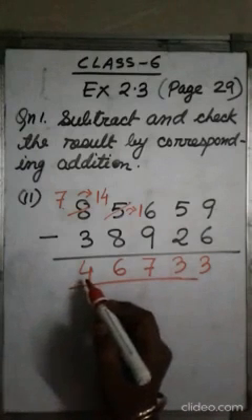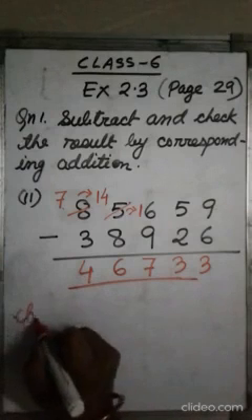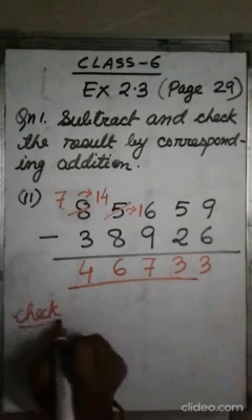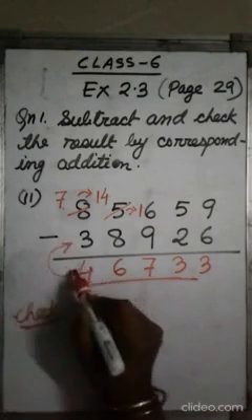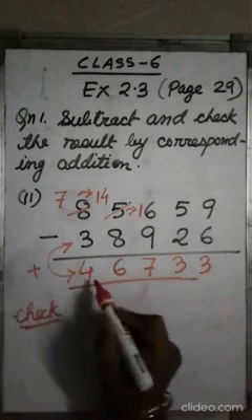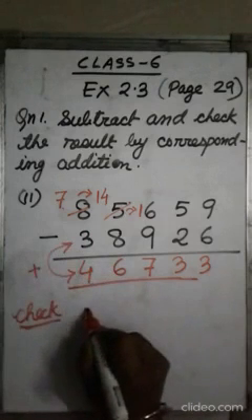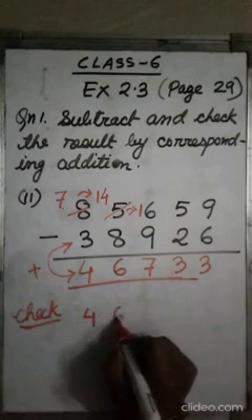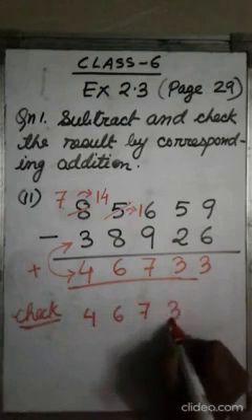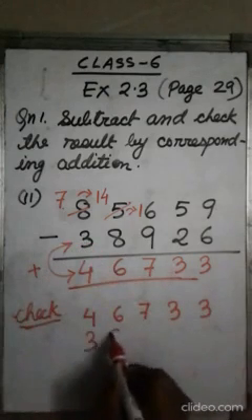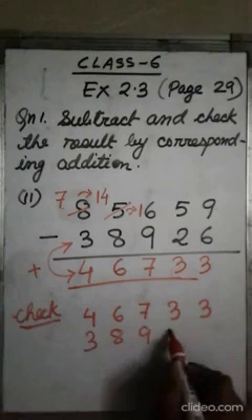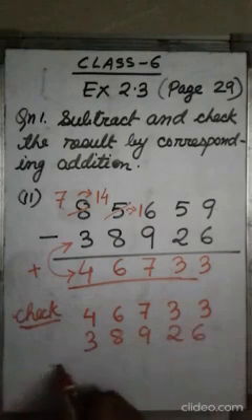Now for checking what we shall do, we shall add these two numbers. 4, 6, 7, 3, 3 and 3, 8, 9, 2, 6.